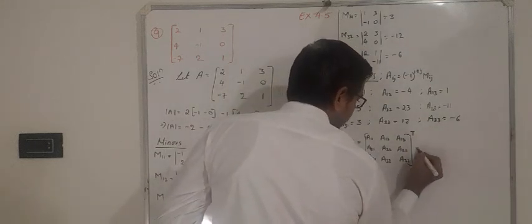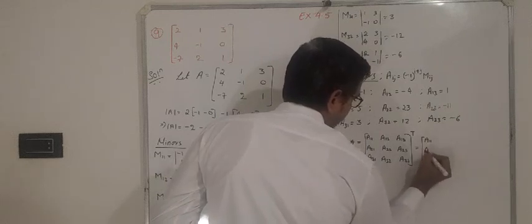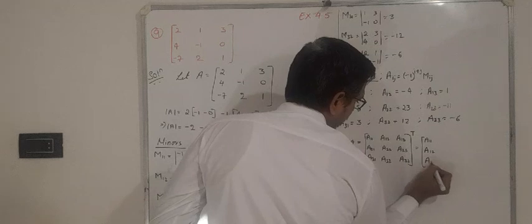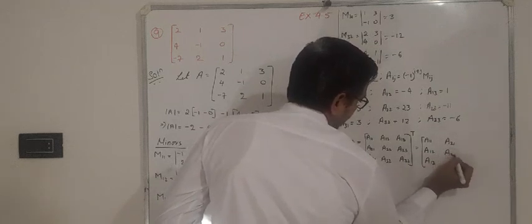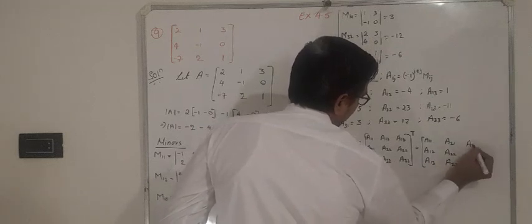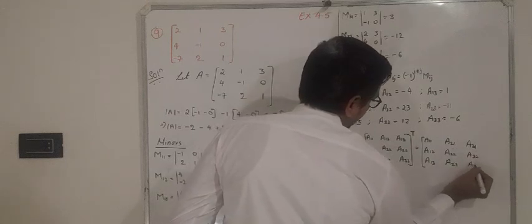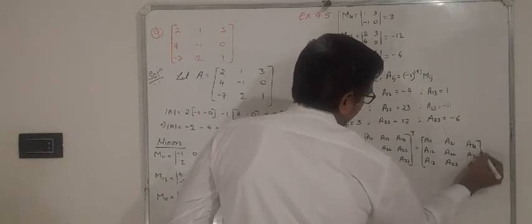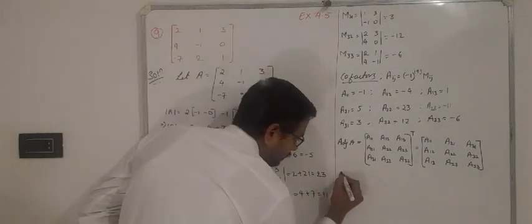Okay. So it will be nothing but A11, A12, A13, A21, A22, A23, A31, A32, A33. Right.